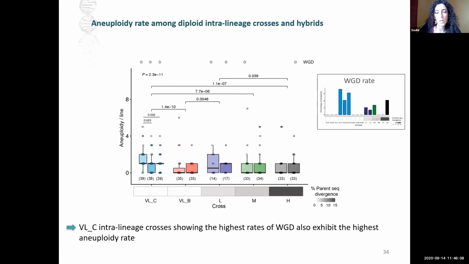Indeed, aneuploidy analysis showed that the VLC intralineage crosses, showing the highest rates of whole genome duplication, also exhibit the highest aneuploidy rate, followed by the L crosses or hybrids.